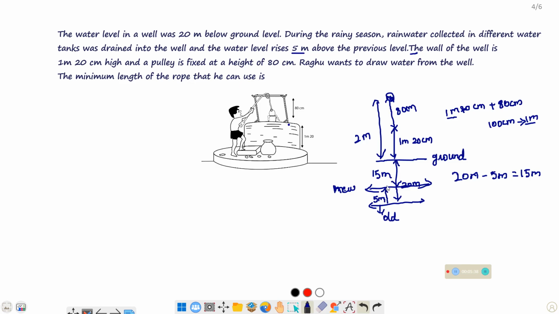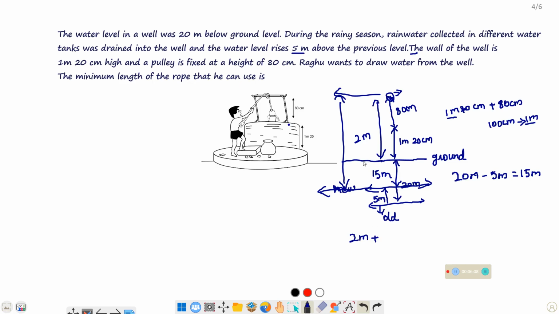To know that, we have to calculate the total distance of the water from this pulley. From here to here, we have to calculate the length so that we can decide the minimum length of the rope to pull the water from the well. Let's calculate it. From pulley to ground level, it was 2 meters, right?